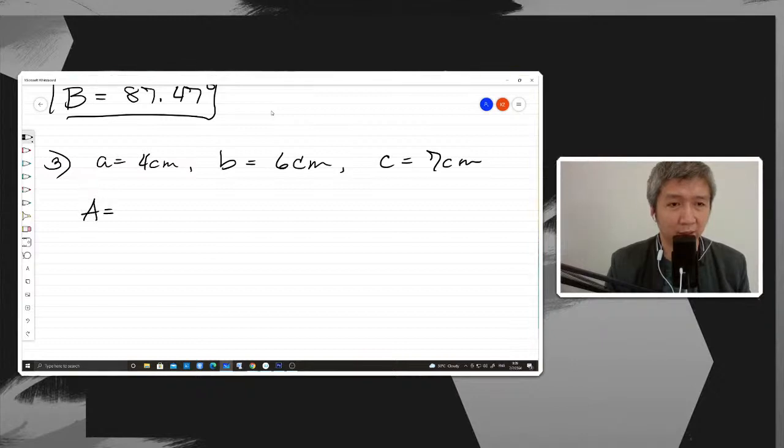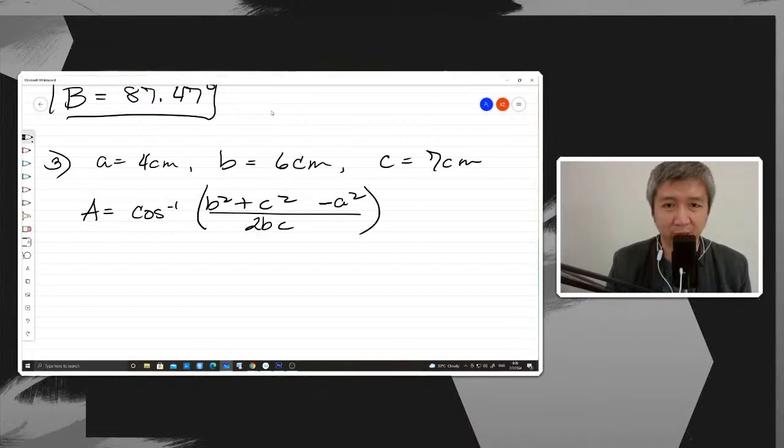Okay, so shift cosine. Again, we are about to find the angle A. So side A should be the negative one, the negative and the last one. So B squared plus C squared minus A squared all over 2BC.